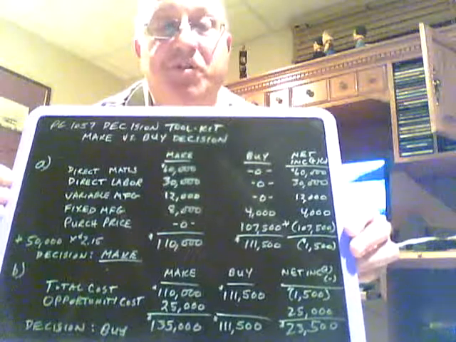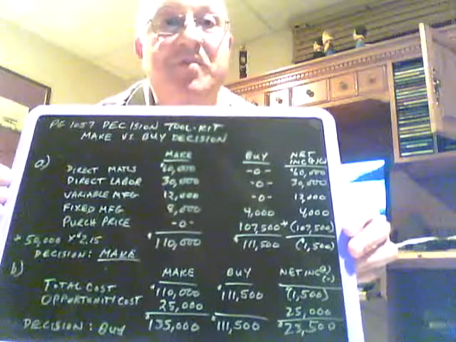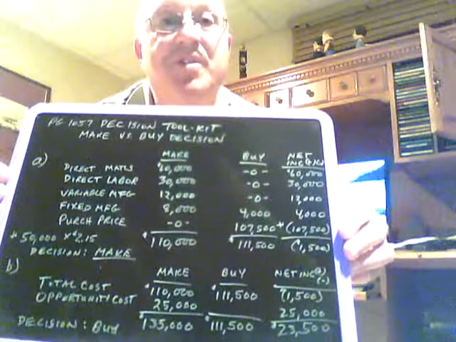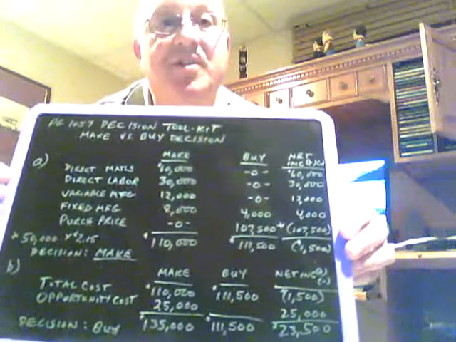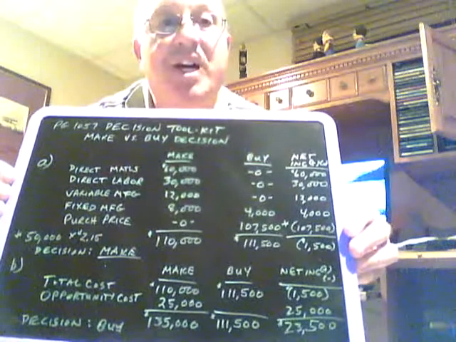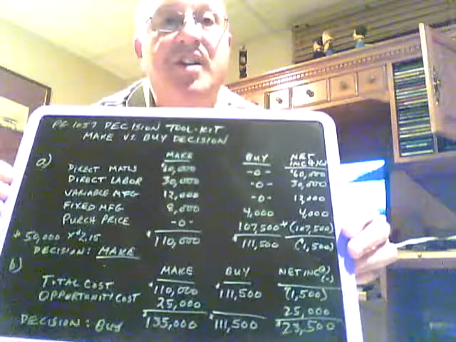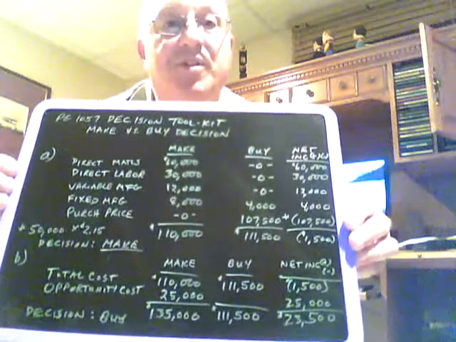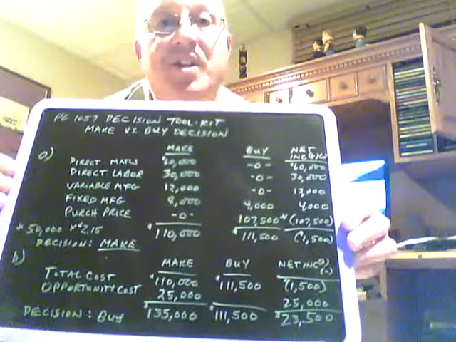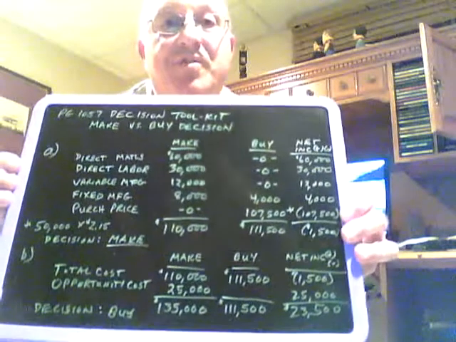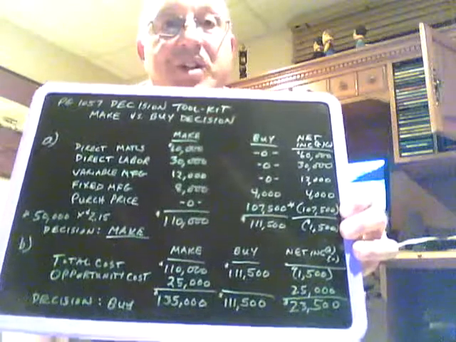So we will incur the remaining 50%. Then the purchase price that we were provided is, if we buy these, we can get them for $2.15 a piece, and for 50,000 units, that gives us a total of $107,500 as the total purchase price.